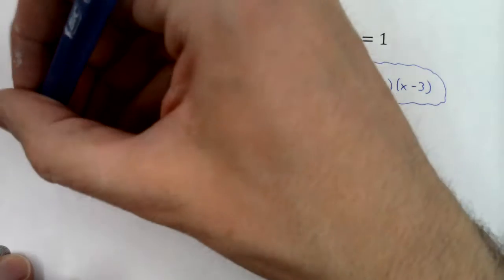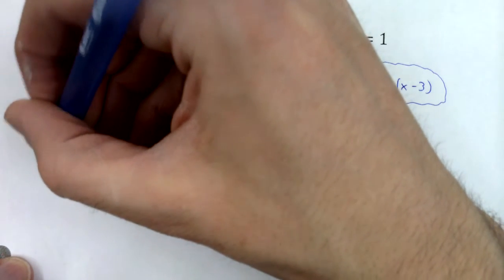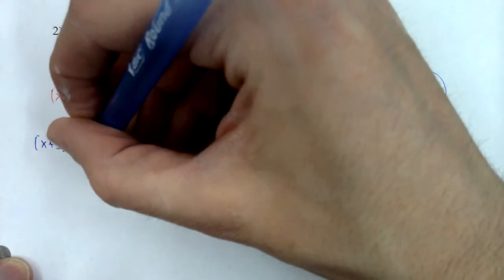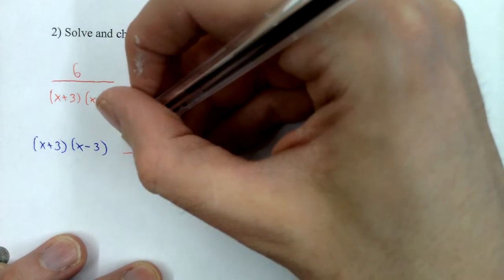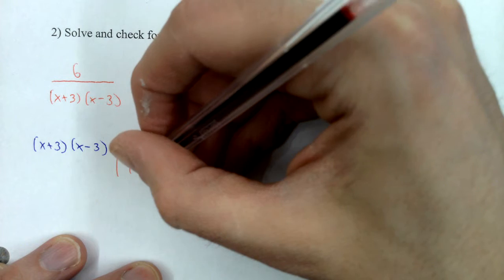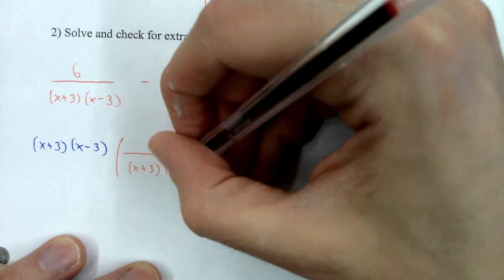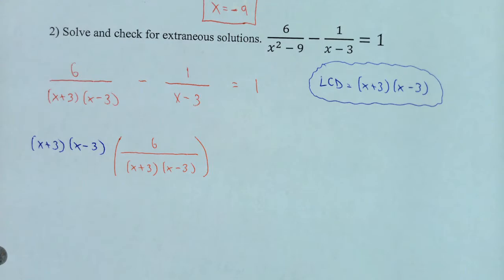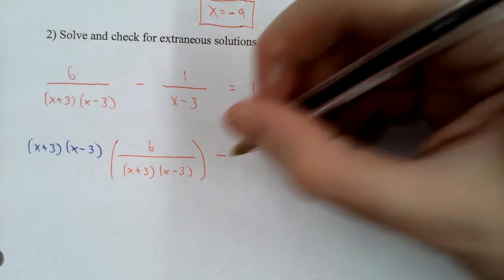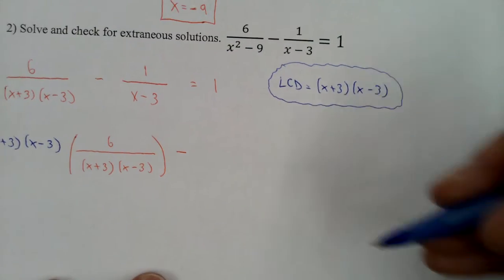So the LCD times the first term, minus the LCD times the second term. Okay.